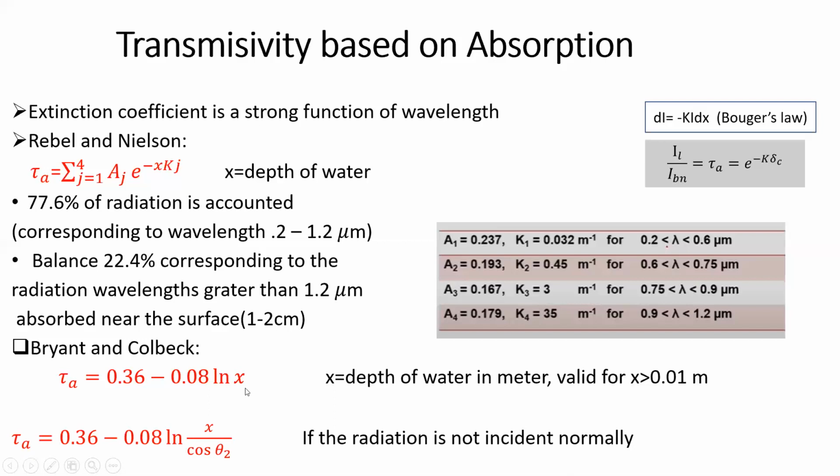The first Bryant and Colbeck transmittivity absorption equation is for radiation which is incident normally, but the second equation is for when the radiation is not incident normally. The accuracy can be increased by the cos theta 2 factor. Theta 2 is the angle of refraction as we saw above.